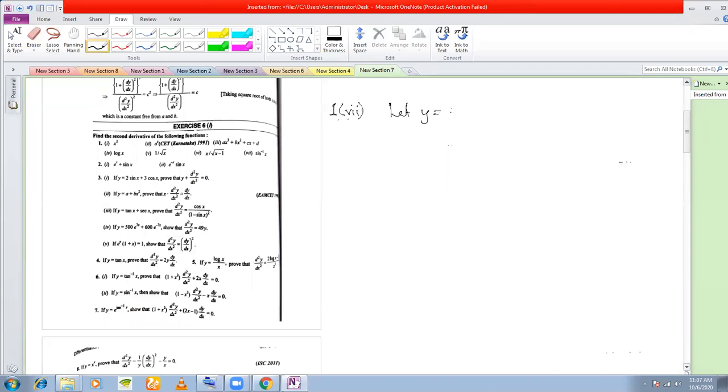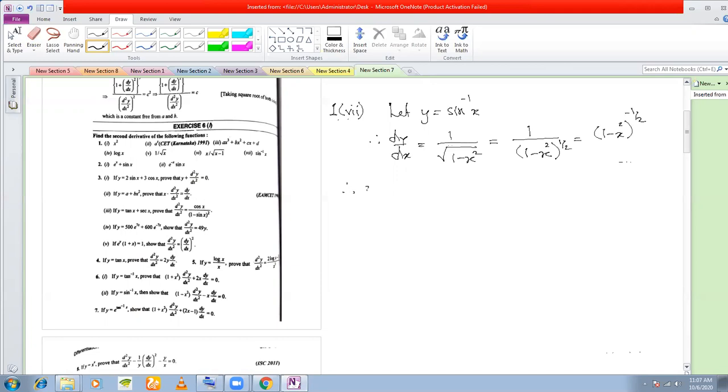Let y is equal to sine inverse x. Therefore, dy dx, by the standard formula, is 1 by root 1 minus x square, which can also be written as 1 by (1 minus x square) to the power of half, and which can be written as (1 minus x square) to the power of minus half.